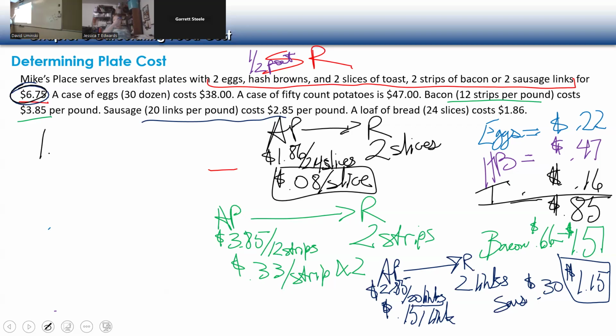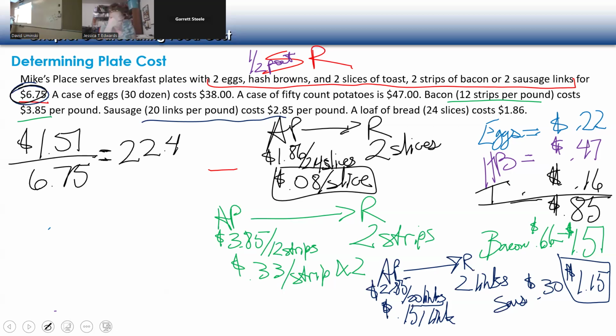So if my cost is $1.51 for the bacon, divided by my $6.75, what is my food cost percentage for the bacon plate? 151 divided by 675 is 22.4%. Okay. For sausage, at $1.15 divided by 675.